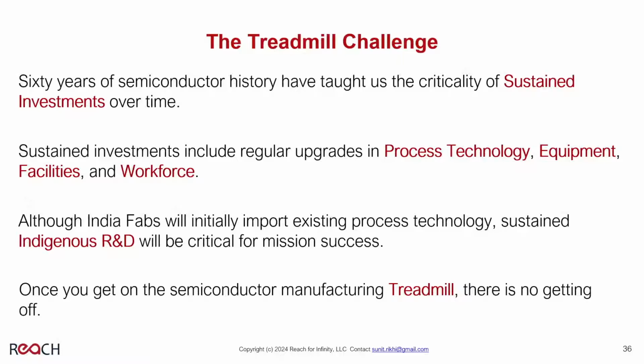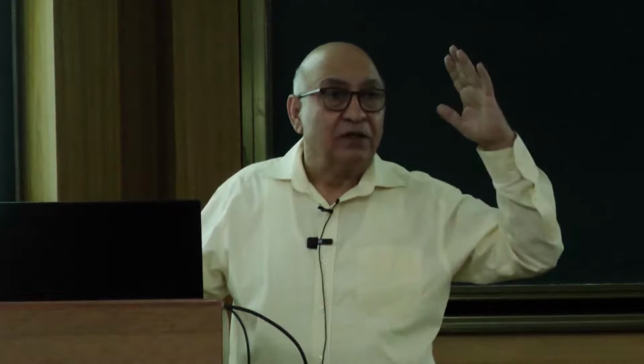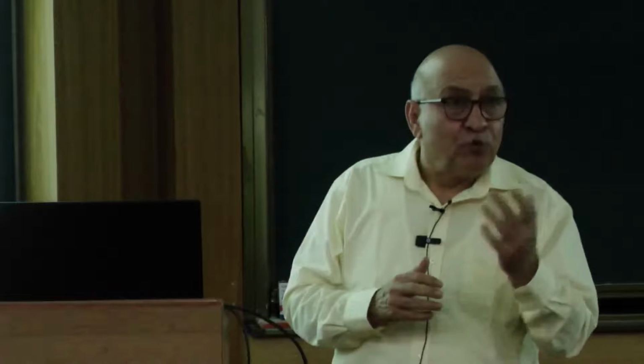Now, once you get on the semiconductor manufacturing treadmill, there is no getting off. Now, that doesn't mean people haven't gotten off. There were 28 companies that I think go back to the 1980s, 28 companies that were manufacturing at the leading edge. I'm talking about the finer the print, the finer the feature size or the Moore's Law node.